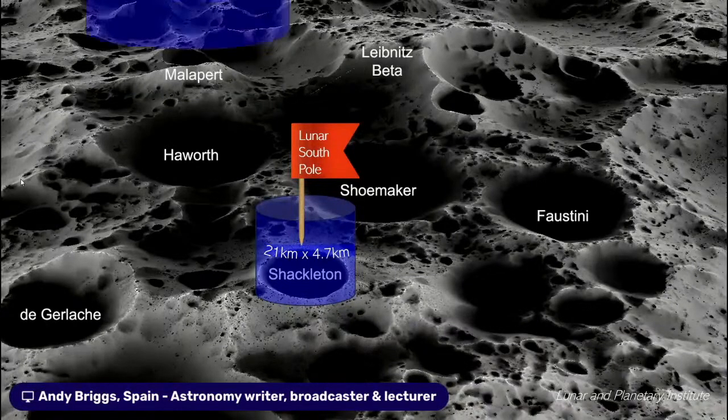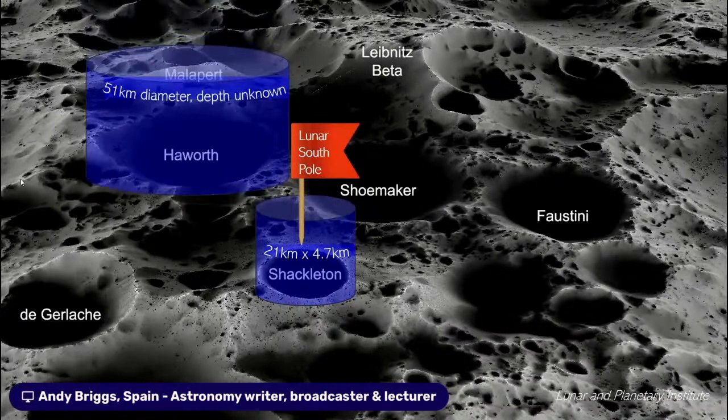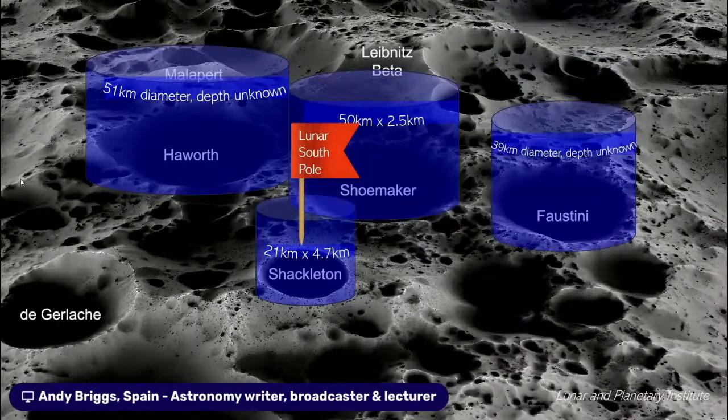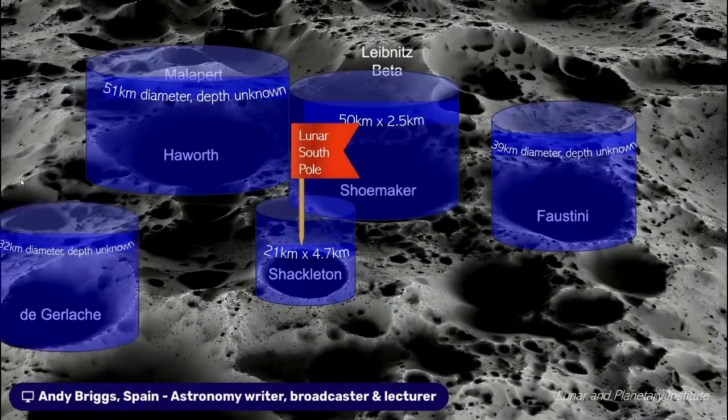But we've got some bigger ones around it. We've got Haworth, for example, 51 kilometers, its depth unknown. We've got Shoemaker, named after, of course, the famous scientist Eugene Shoemaker, 50 kilometers wide by 2.5 kilometers deep. Faustini, 39 kilometers wide, depth unknown. De Gerlache, 32 kilometers wide, depth unknown.